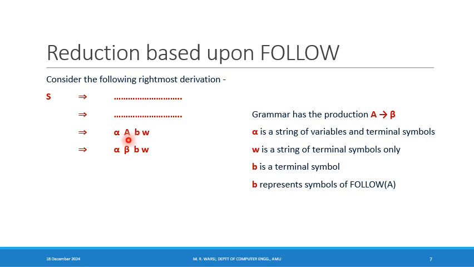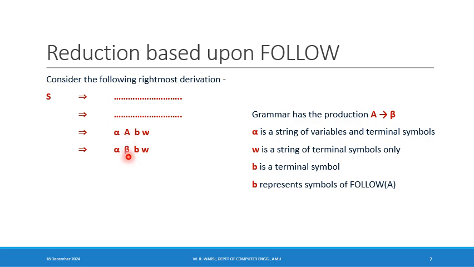And since in the bottom-up parsing we are performing the rightmost derivation in the reverse order, during the course of the parsing, first of all I will obtain this sentential form, and then in the next step I will obtain the previous sentential form. So if I look at this sentential form, beta, which is a handle in this sentential form, will be reduced to the variable capital A in order to obtain the previous right sentential form.